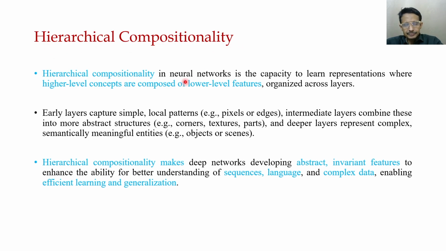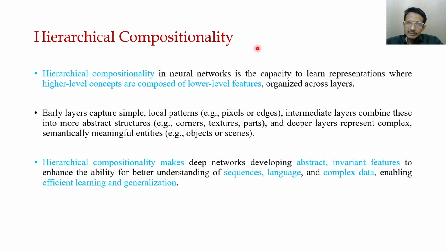This essentially makes the neural network capable of learning representations where higher level concepts are composed of lower level features. That means in deep learning, the higher layers, whatever features they are modeling or automatically extracting, are basically based on the lower layers.